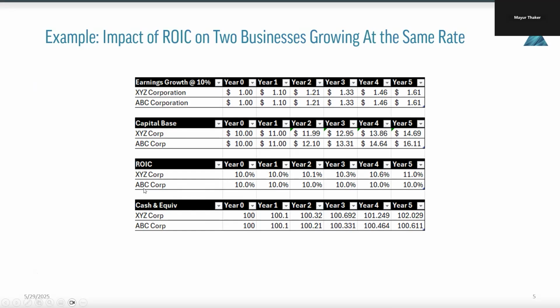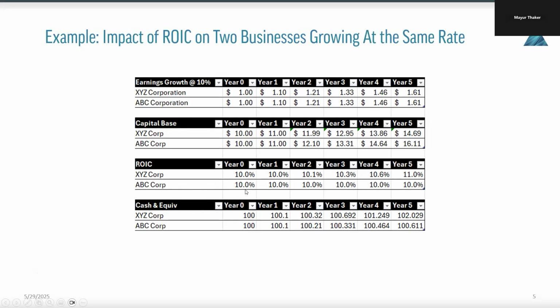And in contrast, ABC, because they're also scaling up in terms of the capital required to generate this 10% growth, you can see that ABC's ROIC has stayed flat the entire time, at 10%. All I'm doing is taking the profit divided by the capital base, and that gives you the ROIC.